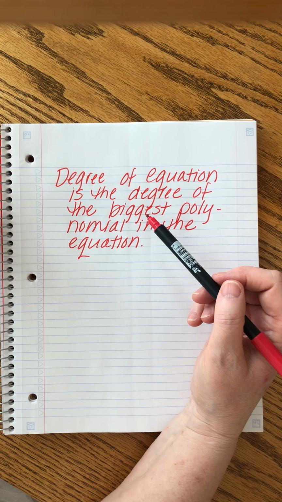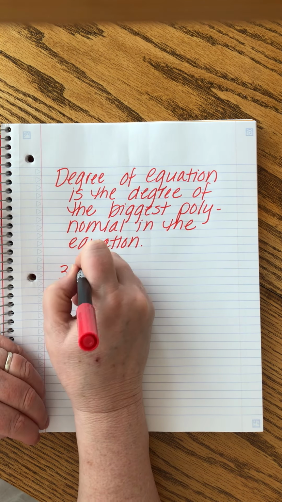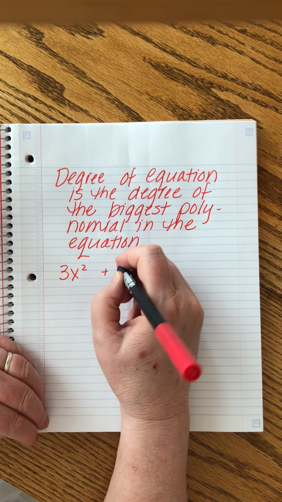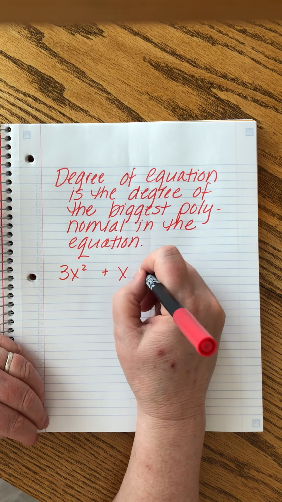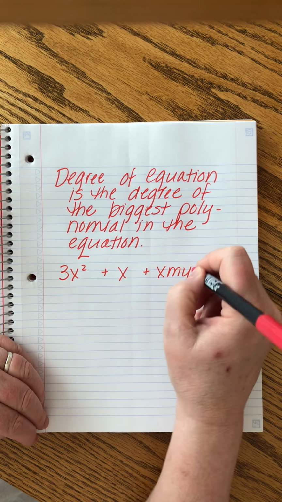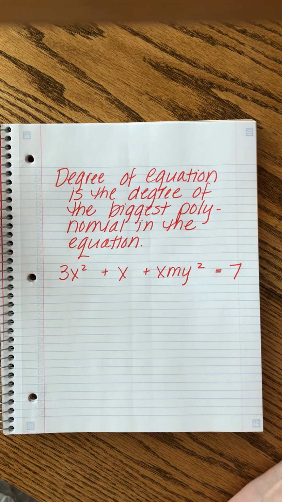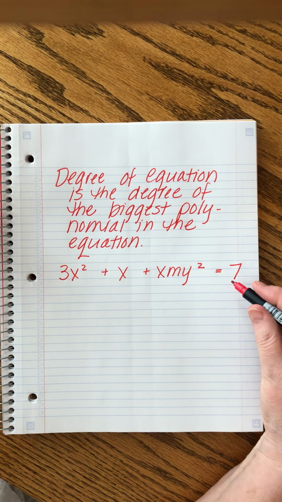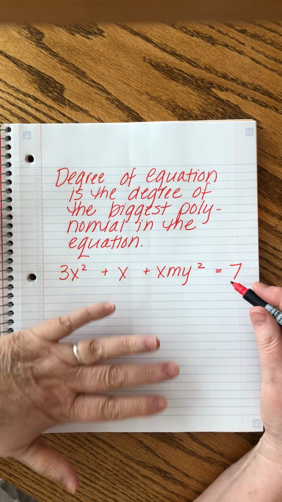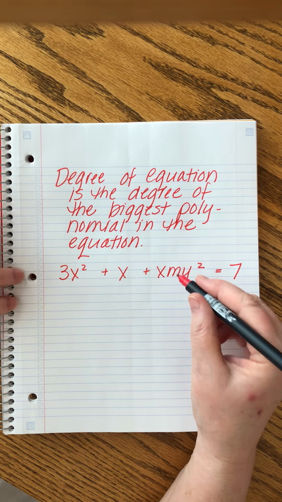So, I don't like the textbook's example. I'm going to make up my own. Let's say that's our equation, and we're trying to find the degree of this entire equation. We would look at the degree of each polynomial.